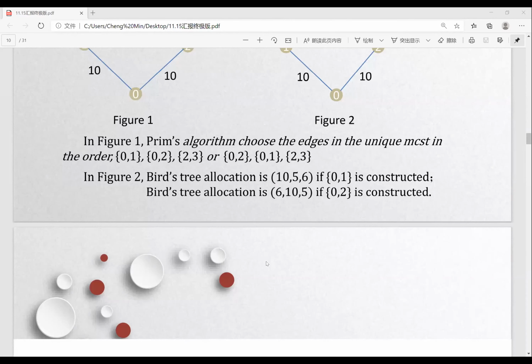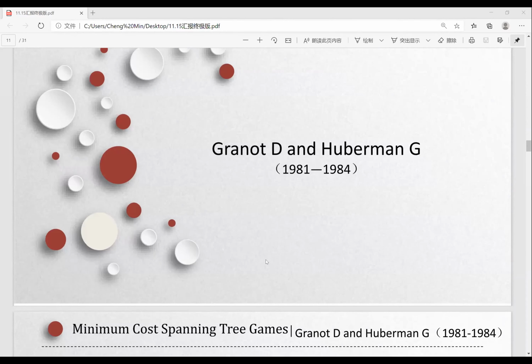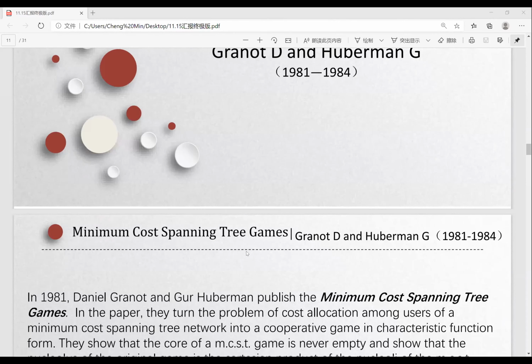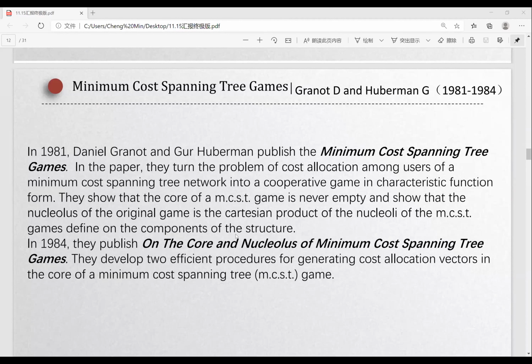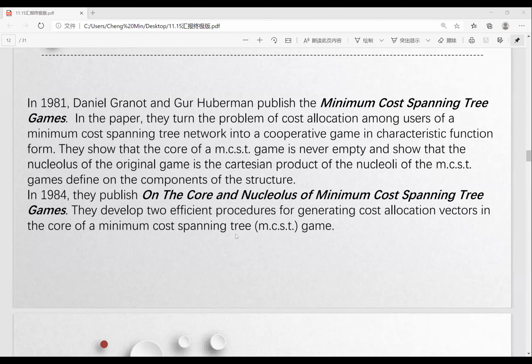In 1981, Daniel Granot and Gur Huberman turned the problem of cost allocation among users of a minimal cost spanning tree network into a cooperative game in characteristic function form. It's referred to as a minimal cost spanning tree game.